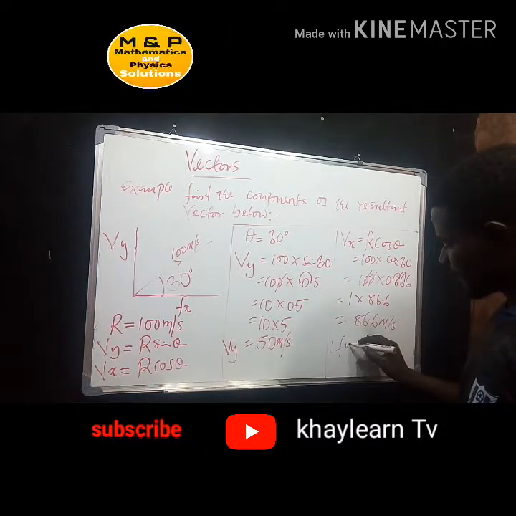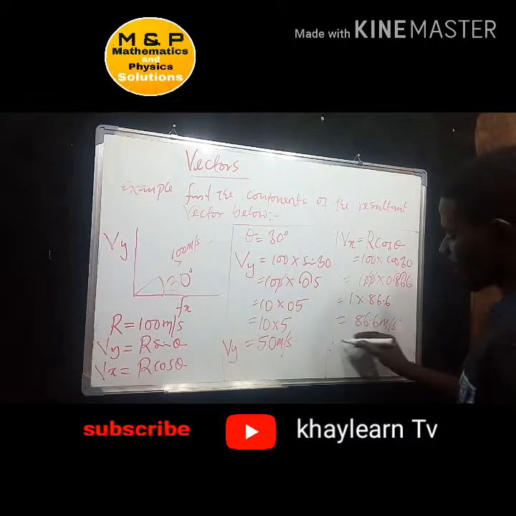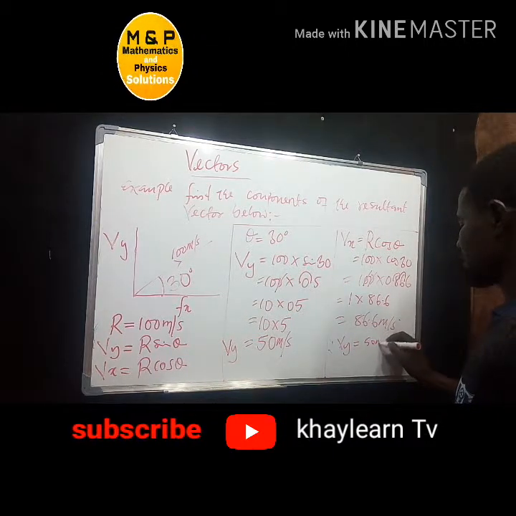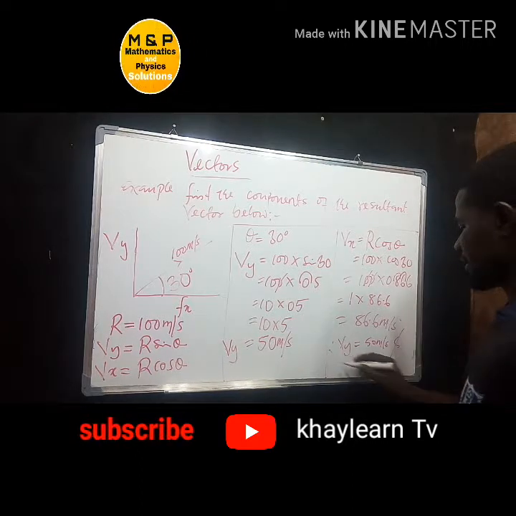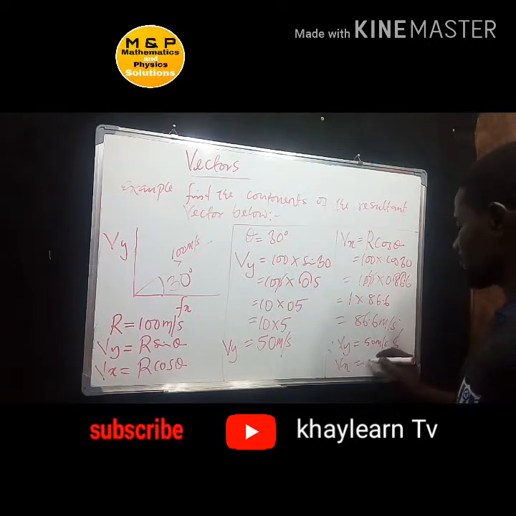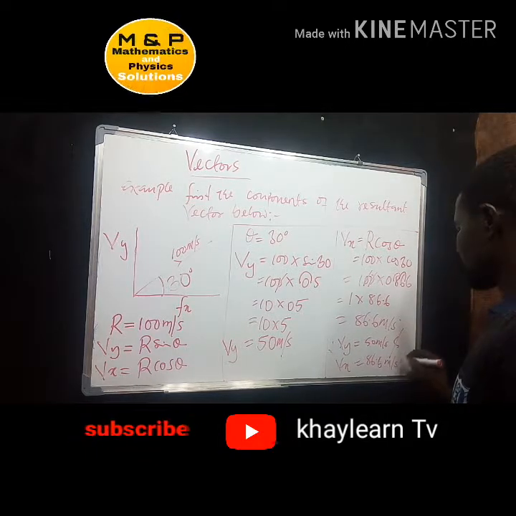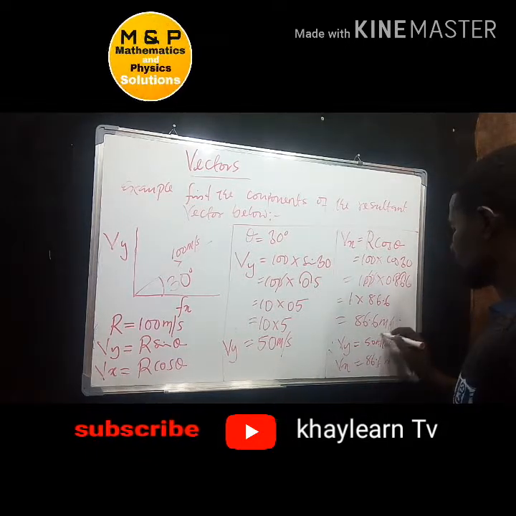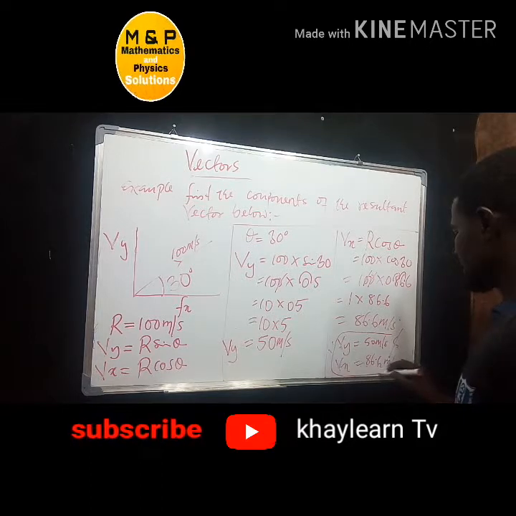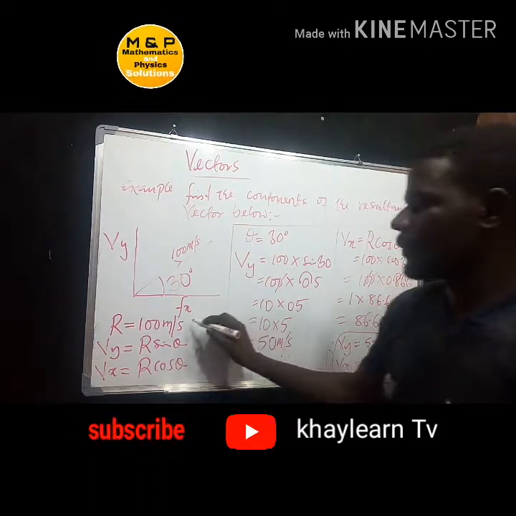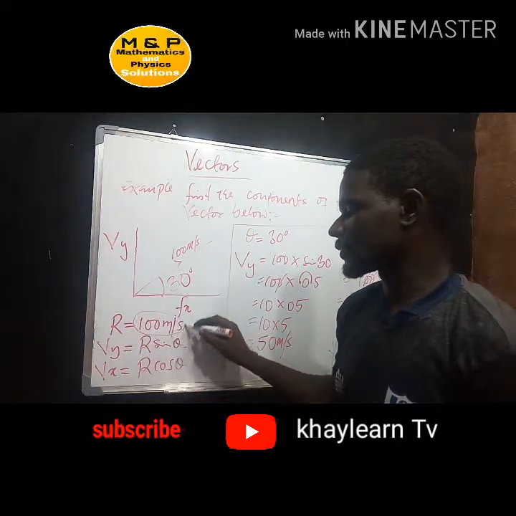Therefore, Vy equals 50 meters per second, and Vx equals 86.6 meters per second. These are the individual vectors that combine together to form this resultant.